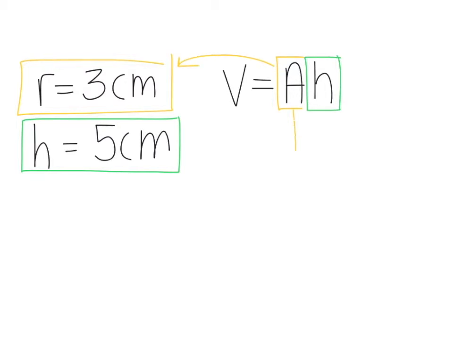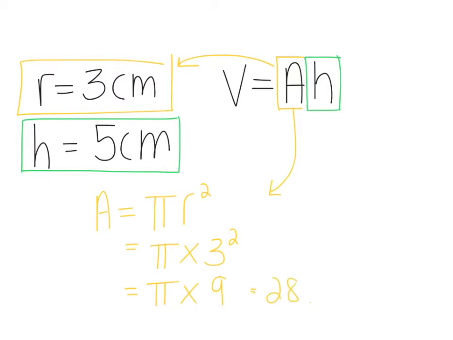To calculate the area of a circle, I know I need to go A equals pi r squared. So pi times my radius is 3 squared, which equals pi times 9, and pi times 9 equals, I've run out of room there, so I'm just going to go to the side, 28.2743. That is my area.